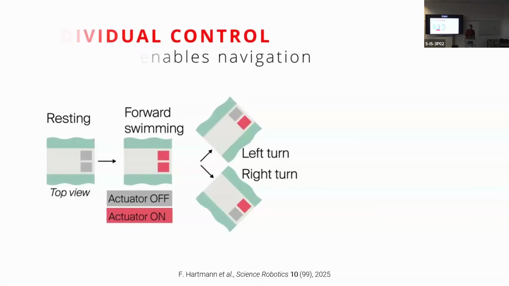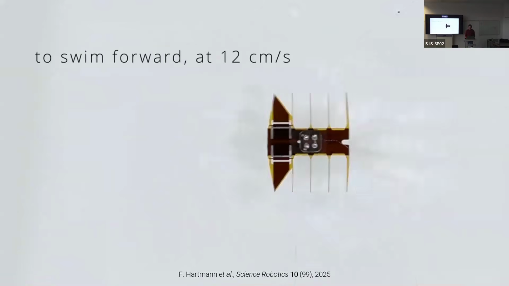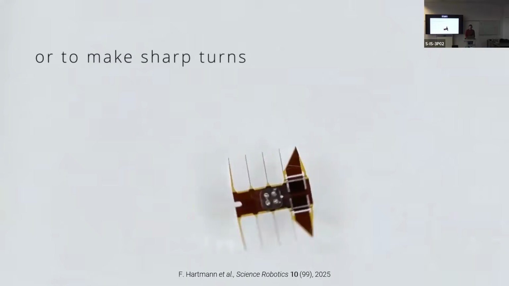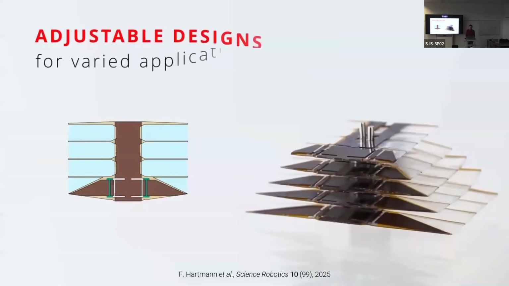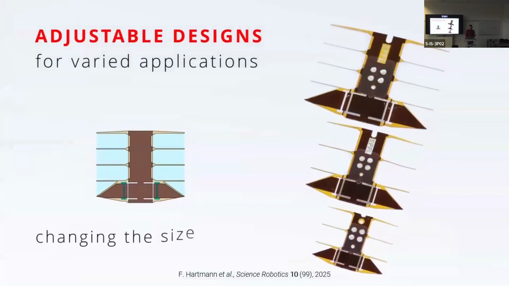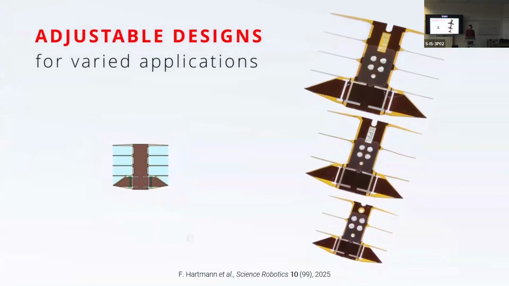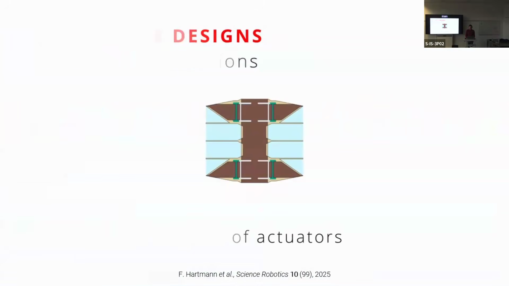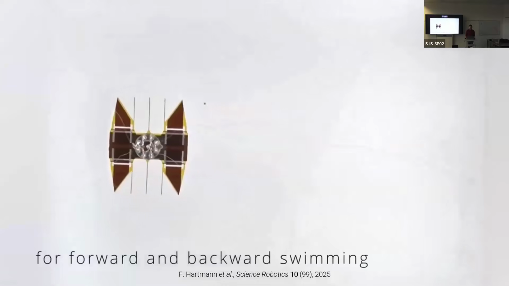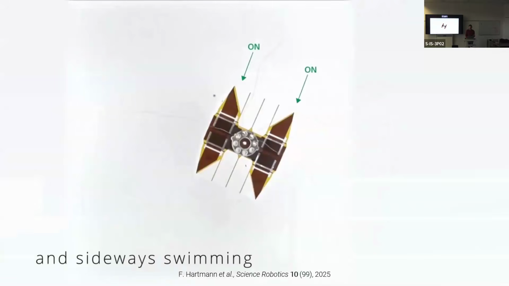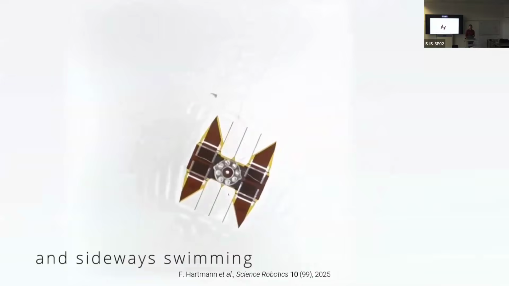You can have multiple actuators on that and control them individually to let the robot swim forward when you use both actuators, or let it turn when you use only one actuator. You can even change the amount of actuators and go from 2 to 4, and then have a robot that can operate like a quadcopter drone, but on the water surface, where it can go forward, backward, but also sideways, and it can turn as well.